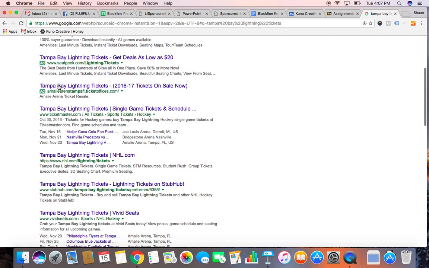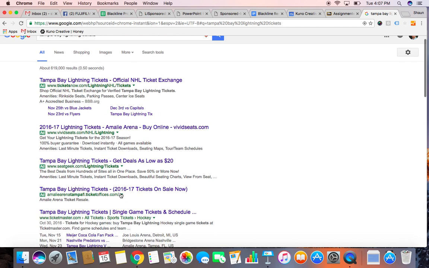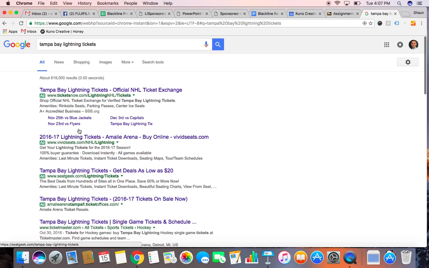Now, if we scroll below these ads, this is the organic listings of search results. This is what we refer to as search engine optimization, where we try to optimize our website to have links appear here. But Google AdWords specifically deals with pay-per-click advertising and appearing in the top 4 spots.